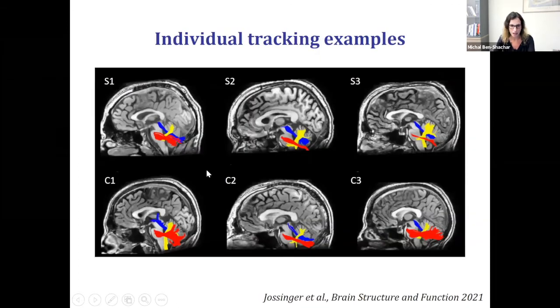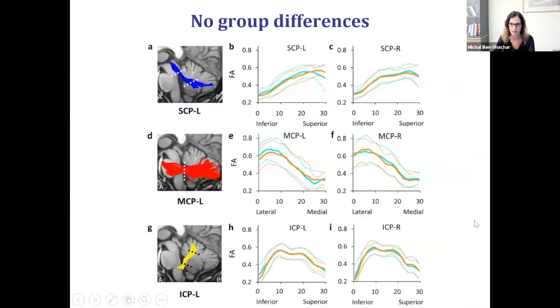So Sivan has carried out these segmentations in every individual. These are participants with persistent developmental stuttering, and these are control participants. And this is the same sample that we looked at before, 15 and 19.